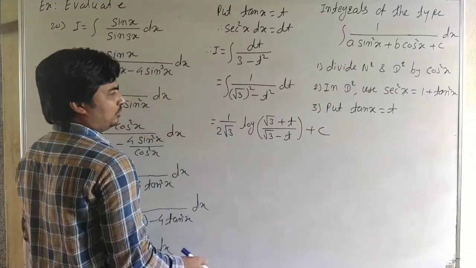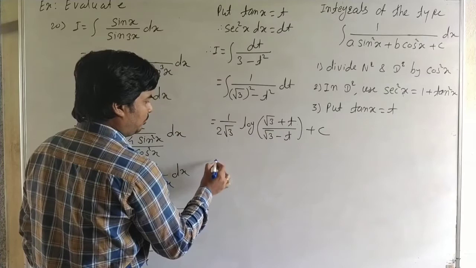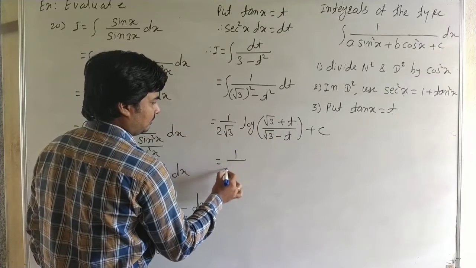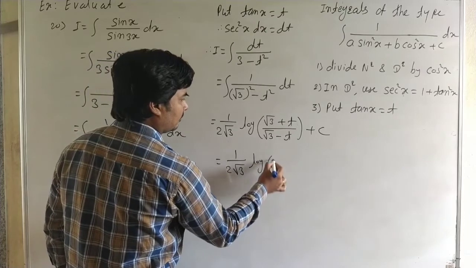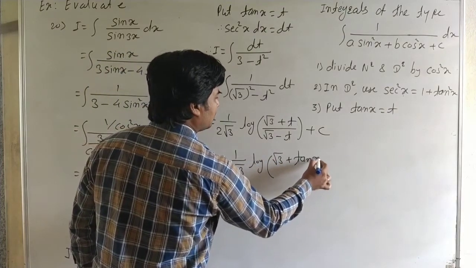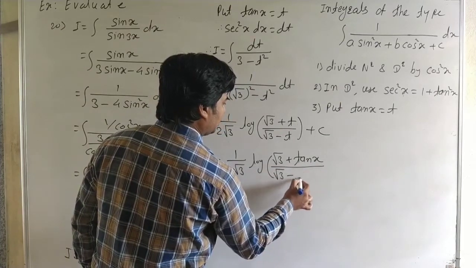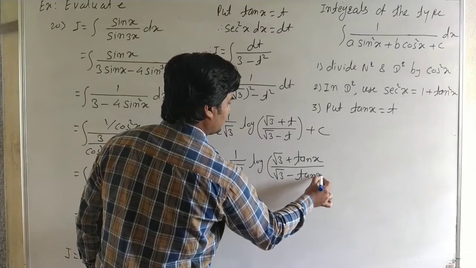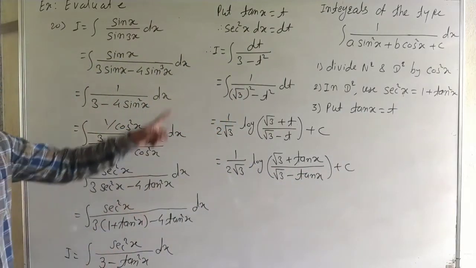Now here with respect to t, therefore you can write under root 3 plus t and under root 3 minus t. Put the value of t: under root 3 plus tan x upon under root 3 minus tan x plus c.